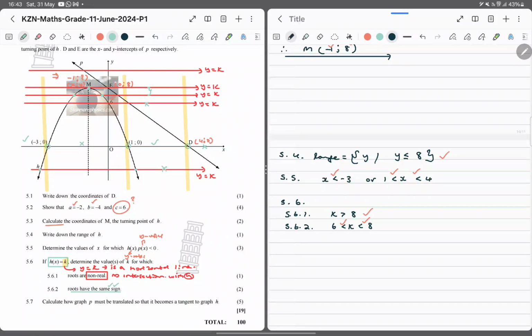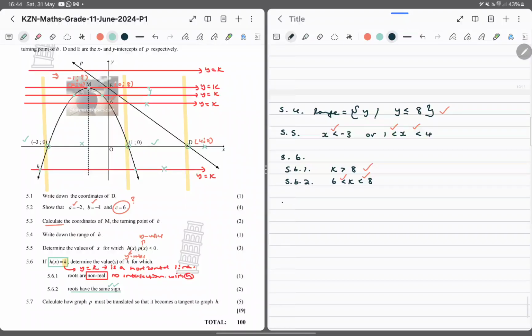Okay. So 5.7. Well, the marks are already telling that we're going to be in trouble. So that should be a higher grade question. Let's see. It says calculate how the graph of P must be translated so that it becomes the tangent to the graph of what.